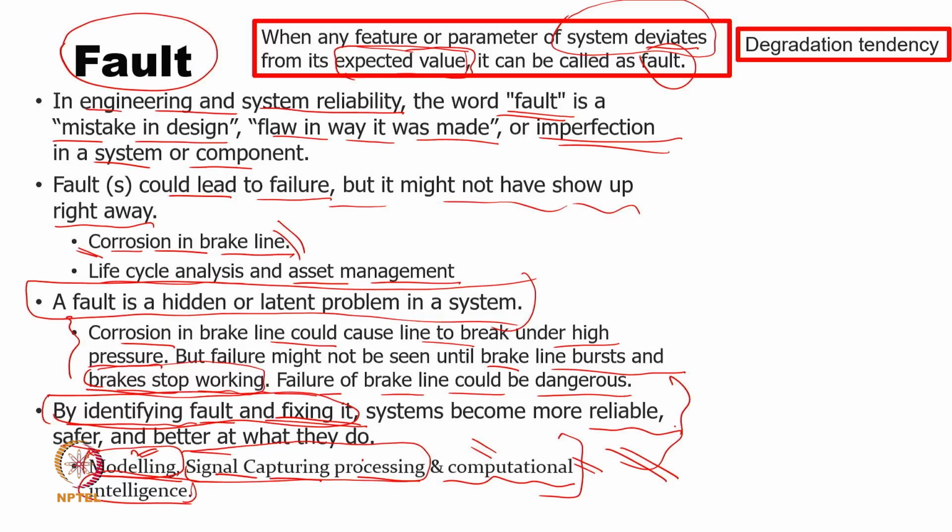If we do signal processing, remove all the noise, and still find a deviation compared to the expected value, we say there is a chance of a fault. Diagnosing faults using sophisticated devices, sensors, processors and the right algorithm is what we really require, and that is the main tool now in maintenance engineering.